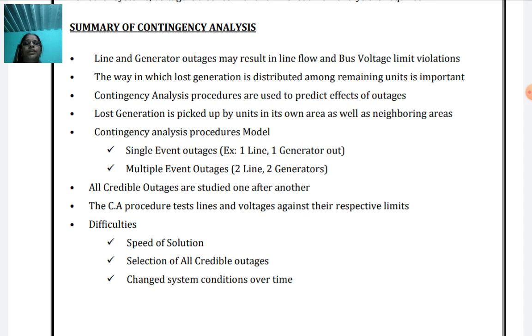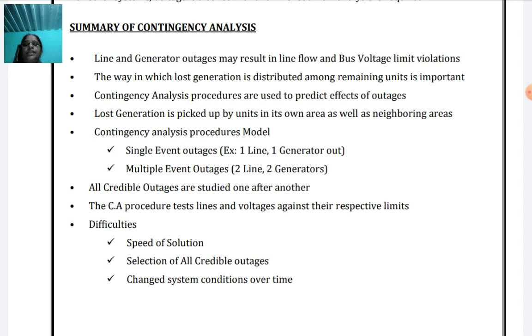We already know single event outages mean one transmission line outage or one generator outage. Multiple event outages mean two transmission line outages or two generator outages, or one line and one generator outage. All credible outages are studied one after another in the contingency analysis procedure.